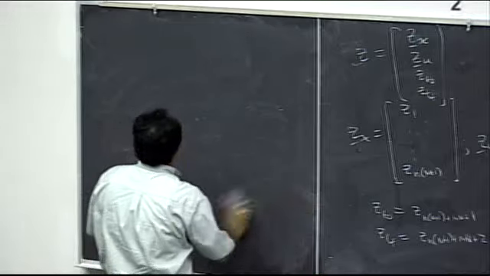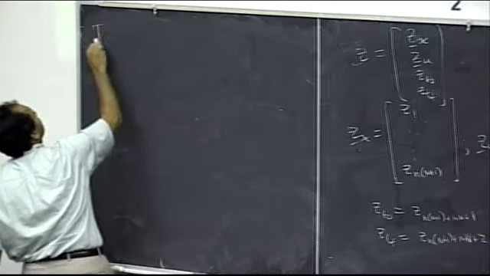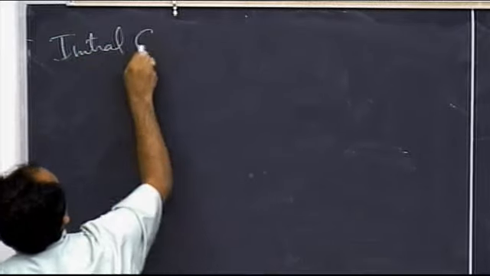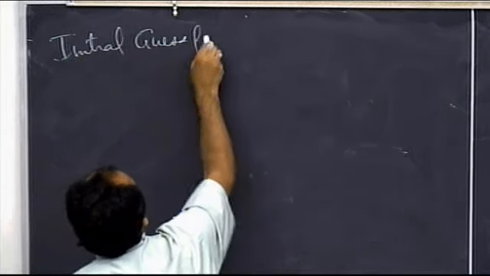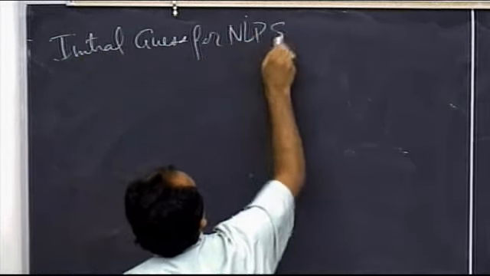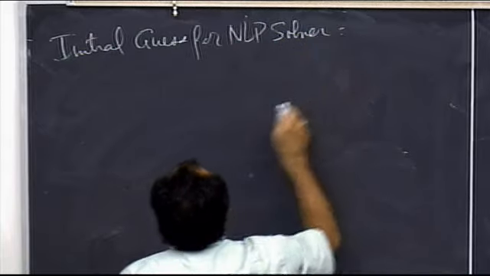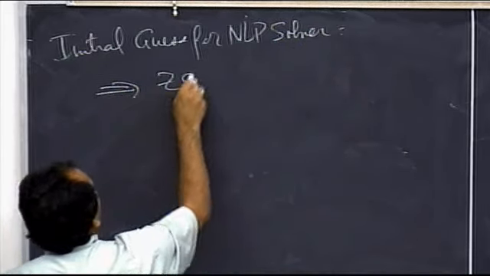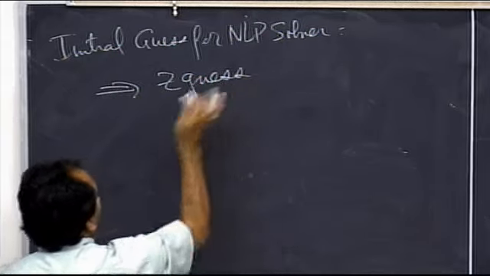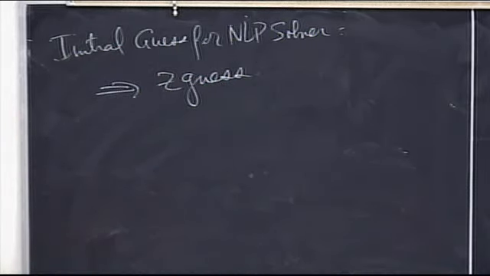So let's say the initial guess for the NLP solver. Let's call this thing Z guess. That's what I'm going to call it when I'm all done, the end result of all this.